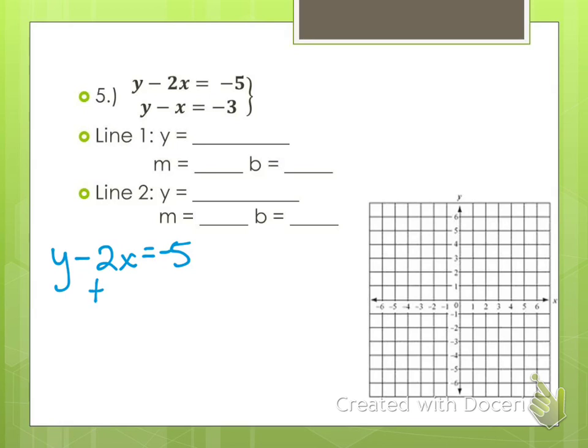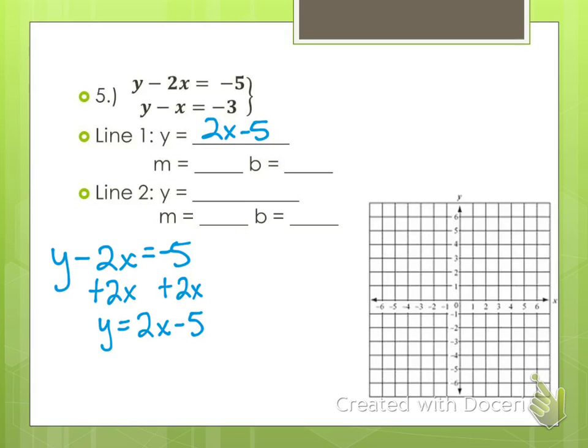Add 2x. So it's set up differently than the other ones, but our goal is the same. We're trying to get y alone. Since y already has a coefficient of 1, just one y, we're already done. So y is equal to 2x minus 5.